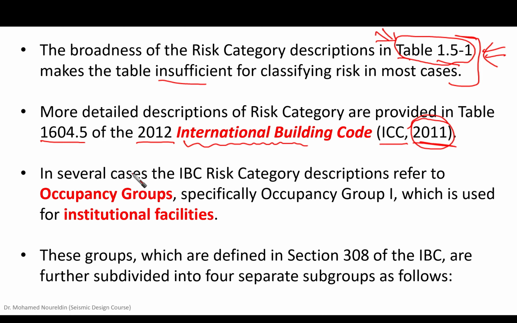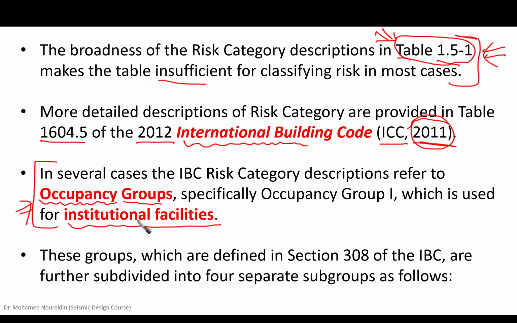In several cases, the IBC risk category descriptions refer to occupancy groups, specifically occupancy group I, which is used for institutional facilities. This is very important and informative for us.